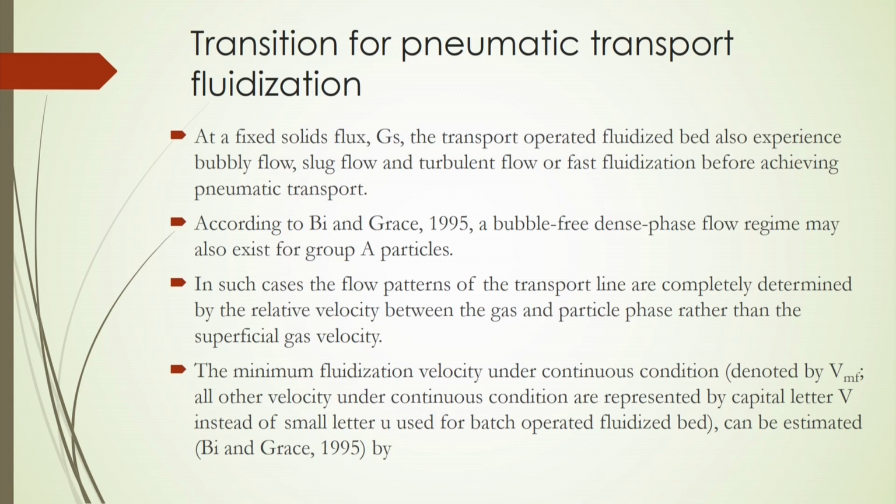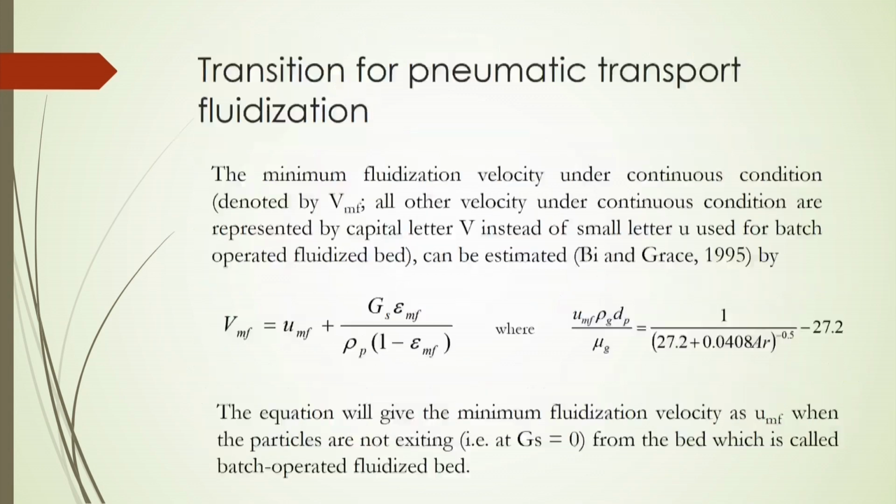The minimum fluidization velocity under this condition, of course, is denoted by VMF. All other velocities under continuous conditions are represented by capital letter V instead of small letter u used for bed operated fluidized beds.